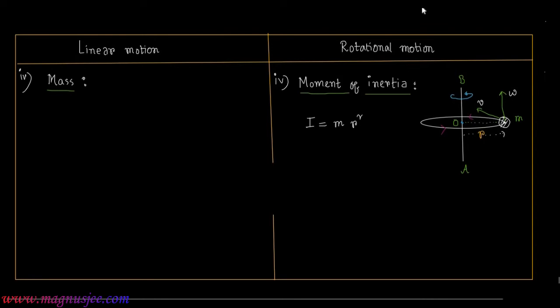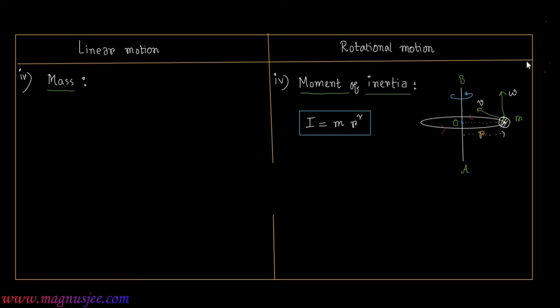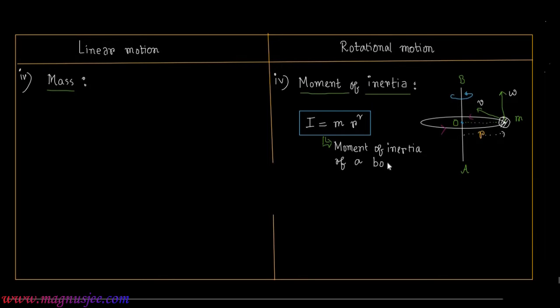Moment of inertia I is numerically equal to the product of mass and square of perpendicular distance. I is equal to mr square, which is known as the moment of inertia of the body about the axis of rotation AB.